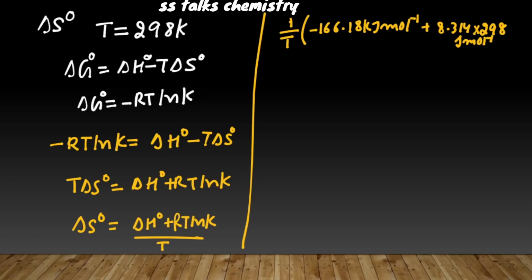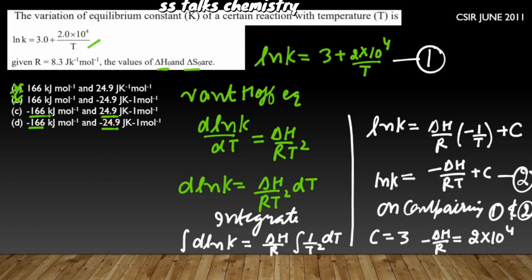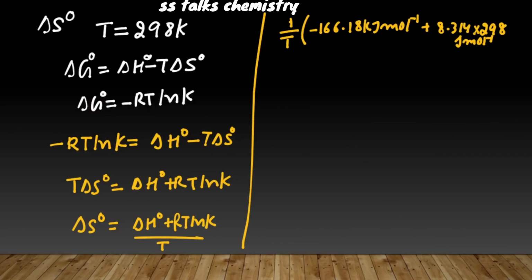Into ln of K. The ln of K value is already given to us, which is this one. So substitute that. So I will be multiplying it with the factor of 3 plus 2 into 10 to the power of 4 upon the temperature, which is your 298 Kelvin. Right. So just solve this.